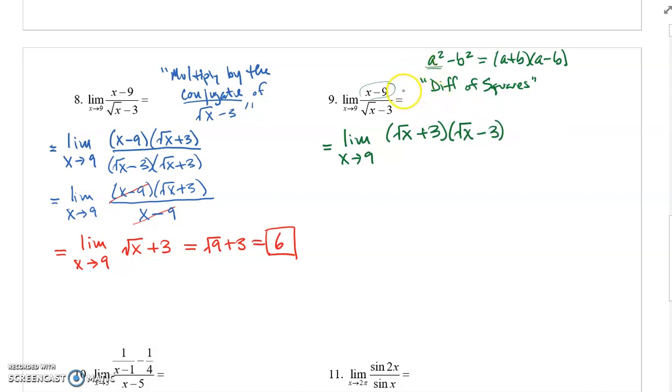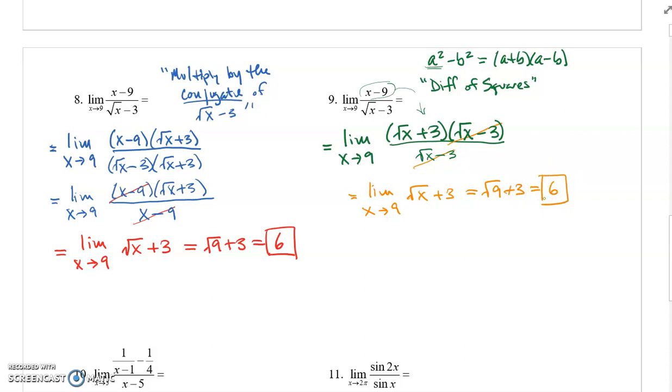It really is factoring. x minus 9 factors to root x plus 3 times root x minus 3. And the denominator is already the root x minus 3. So just there in one step, we can factor, cancel, and you'll see we get the exact same answer that we did on the other side. Equals 6. Cool.